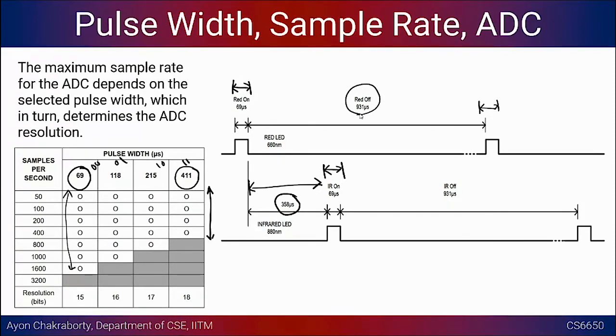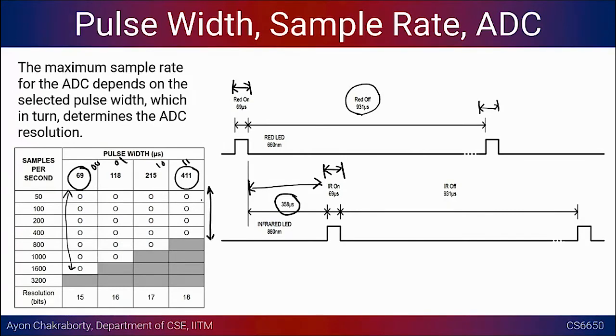Okay, so the takeaway point here is that you cannot randomly configure such systems. The wider your pulse width is, the more accurate and precise your sample would be. It will be devoid of noise. The noise will be lesser, and the number of samples that you can collect will also become less.